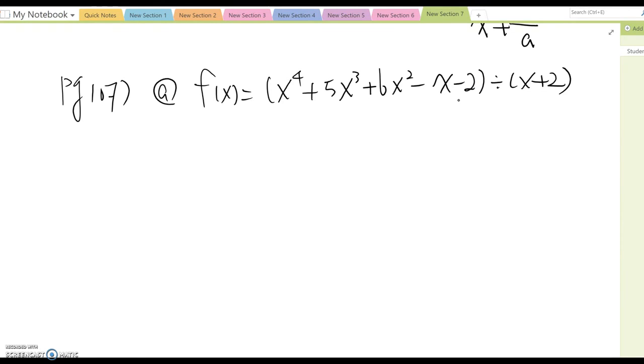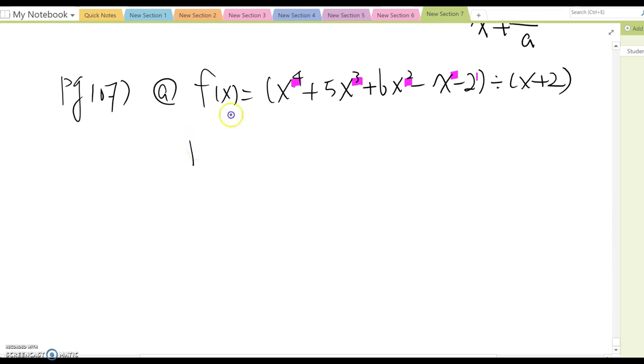So step 1, you take out their coefficients, but they must be in descending order, and if there's a non-existing term, then you must put 0 instead. So let me double check here: fourth degree, third, square, single number.